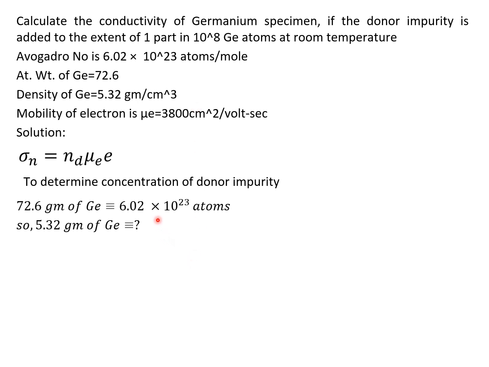So if we calculate this, we will get the number of germanium atoms in 1 centimeter cube because it is the density of germanium. So doing this calculation, we will get that 5.32 grams of germanium contain 4.41 into 10 raised to 22 atoms per cc. So to calculate the donor impurity concentration, we need to divide this by 10 raised to 8.